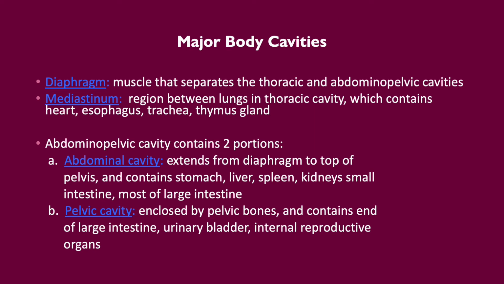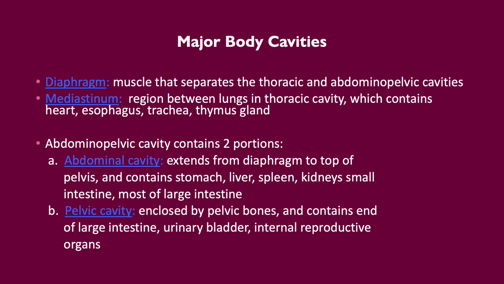Okay, and if you look at the name, you can see it. So the abdominal, which is for the abdominal cavity, extends from the diaphragm to the top of the pelvis and contains the stomach, the liver, the spleen, kidneys, small intestine, and most of the large intestine.